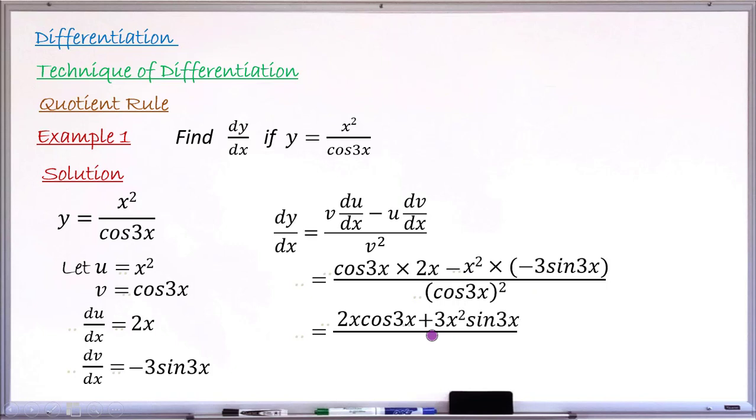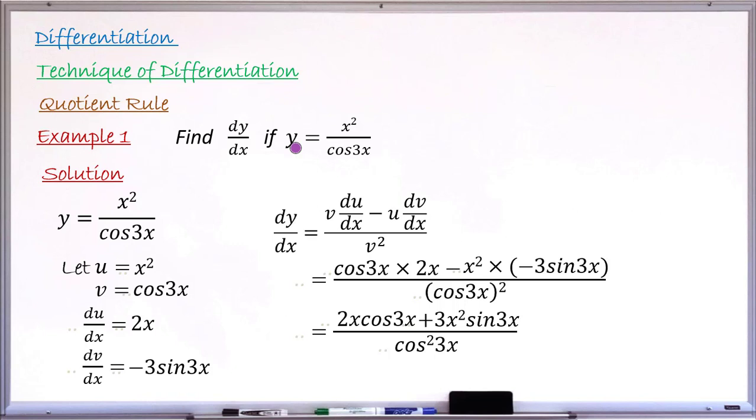Look at it, 3x squared sine 3x, then all over cos 3x, you just copied it, raised to the power of 2, that is cos squared 3x. Cos 3x outside the bracket raised to the power of 2 means cos 3x times another cos 3x. That's what gives you cos squared 3x. And this will now be the derivative of this very function.